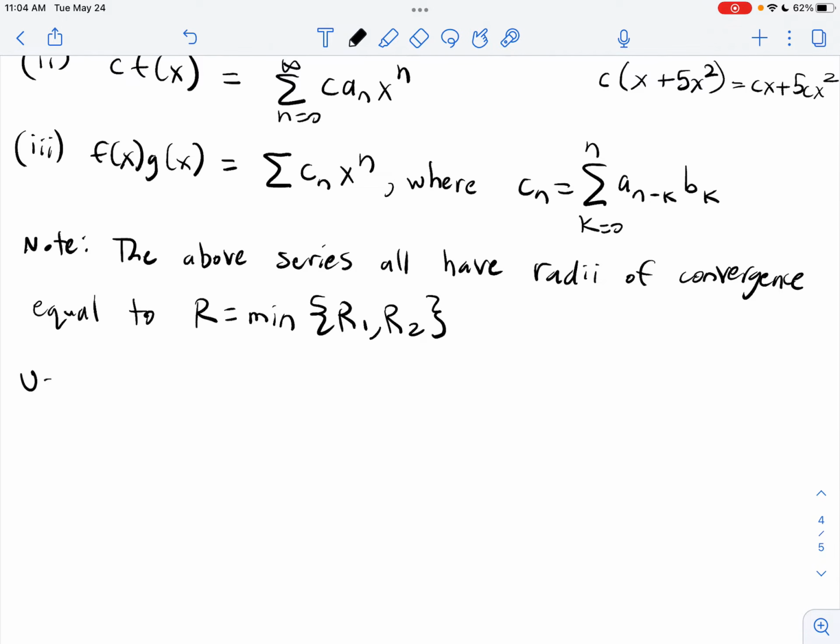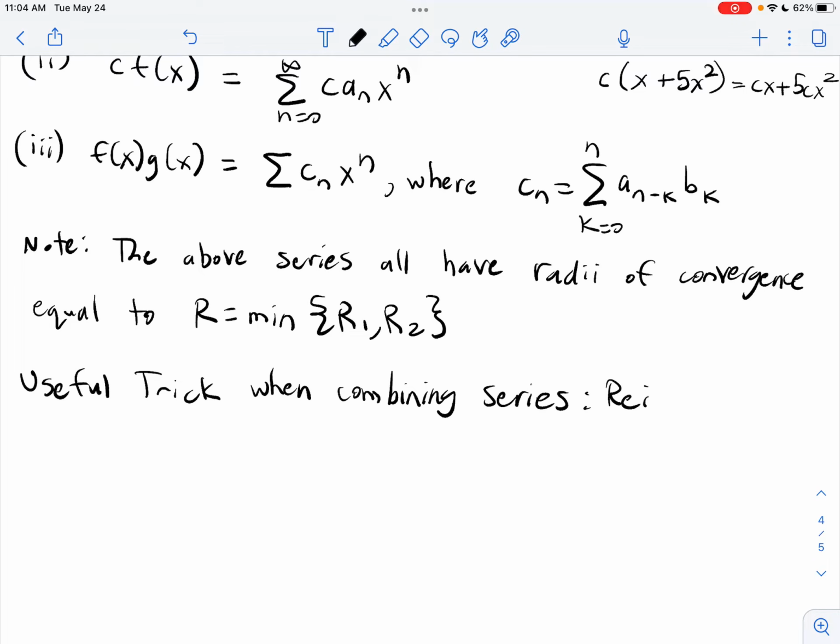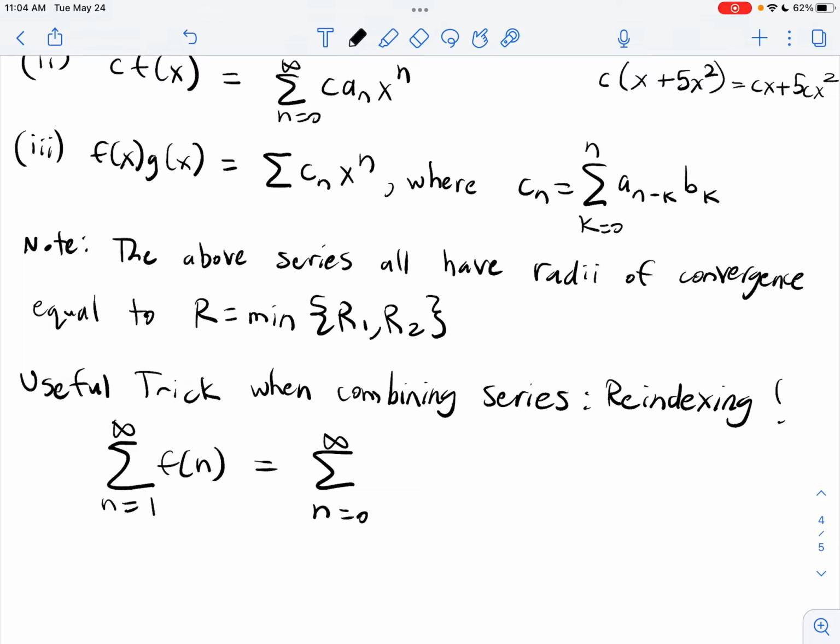Now, something I want to point out, only because your book doesn't mention it, but we do it a lot: a useful trick when combining series is called reindexing. Reindexing means that at any point you are allowed to take a series and shift the starting point.